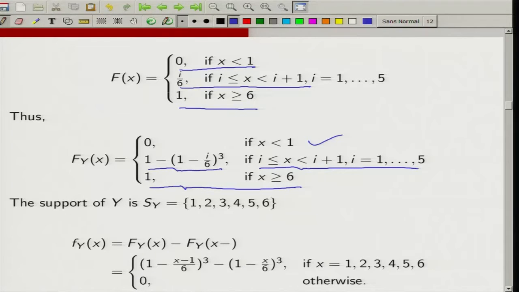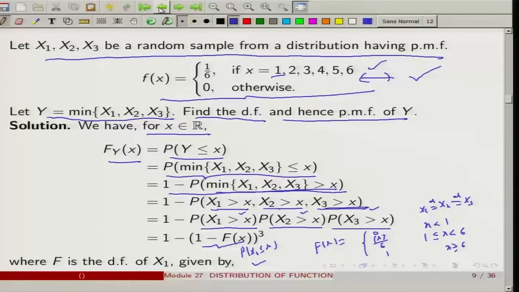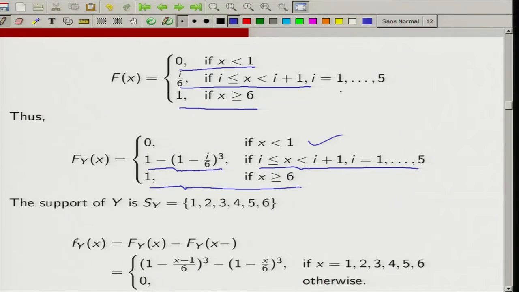So, this you get from the last expression which we got, which is 1 minus F(x) whole cube, and we know F(x) is given by this. So, F_Y(x) will be given by this quantity.